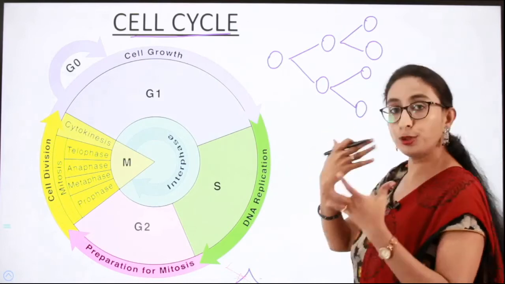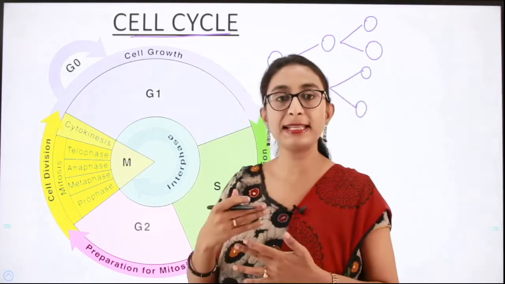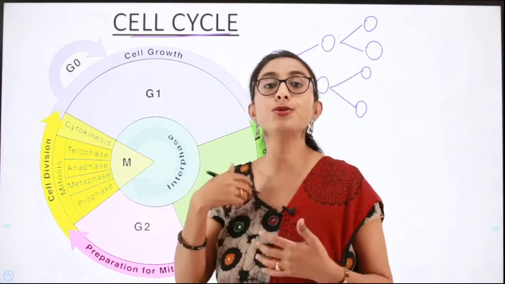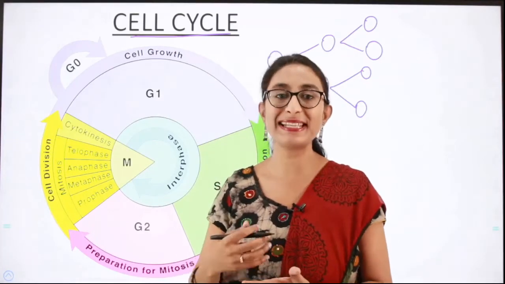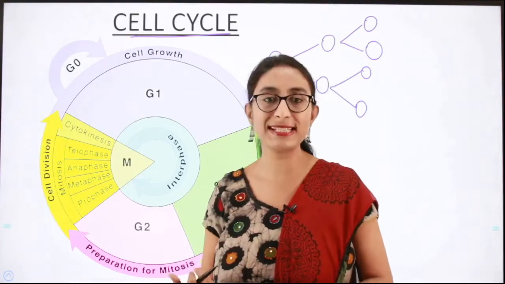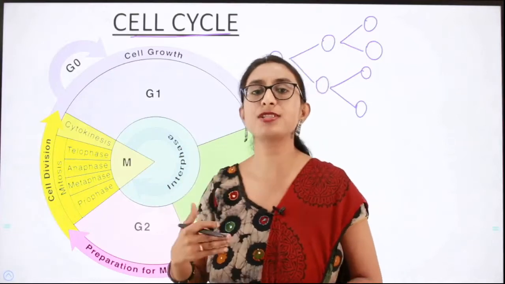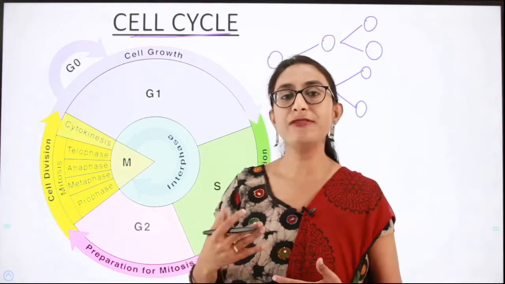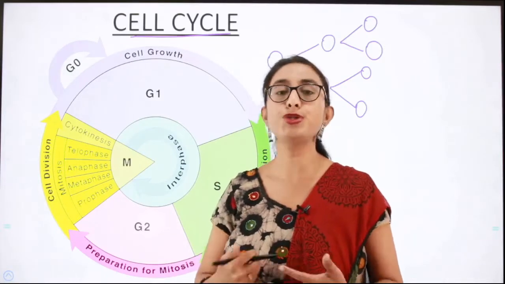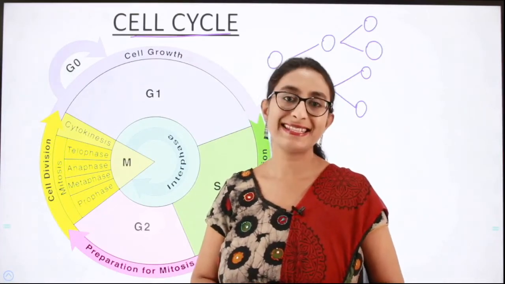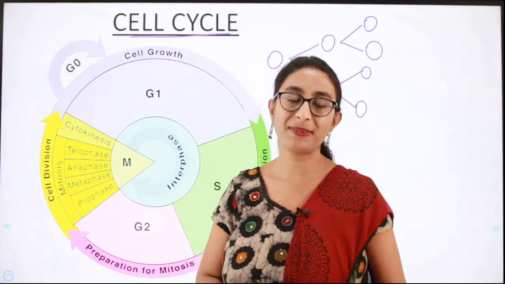So, each newly formed cell becomes a parent cell and it gives rise to two daughter cells. Those daughter cells again become parent cells and they give rise to daughter cells again. So this process of cell growth and cell division continues several times to give rise to a huge population of cells, which leads to organisms, right?